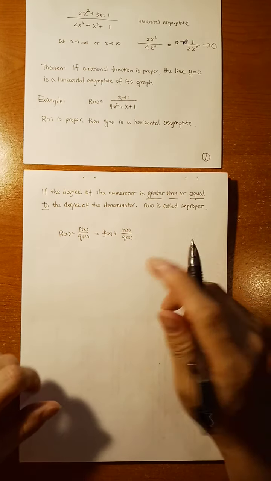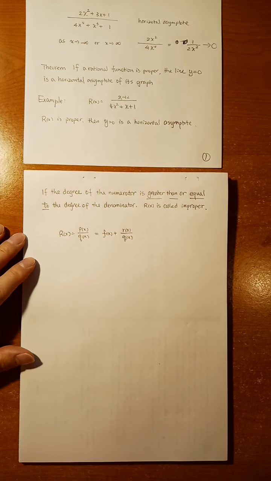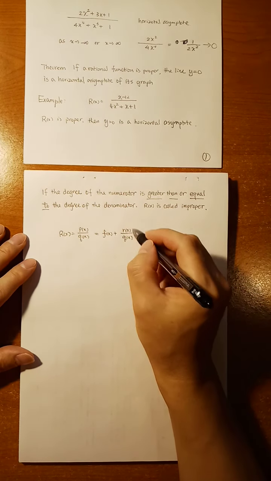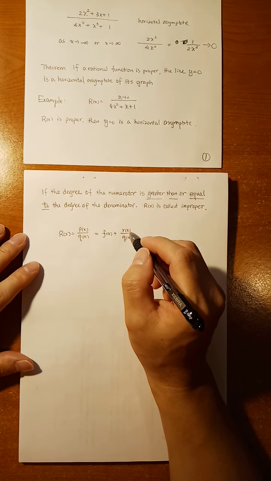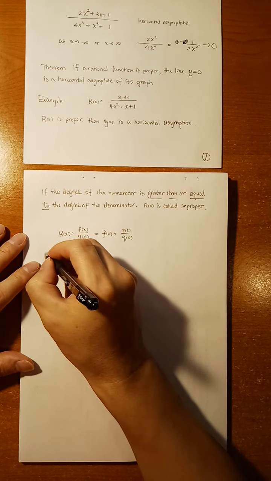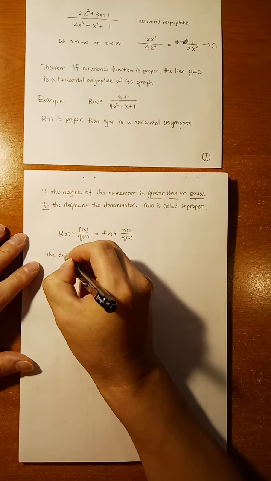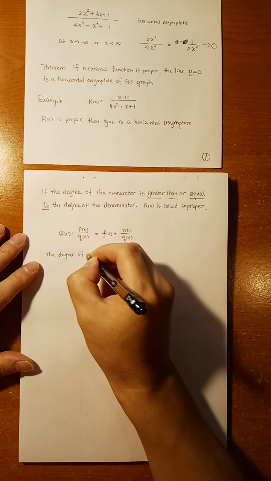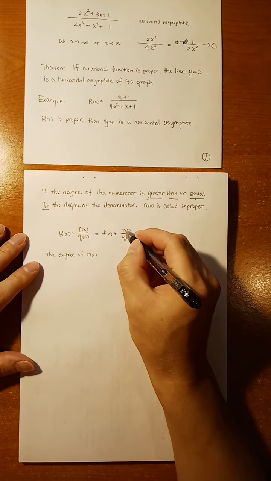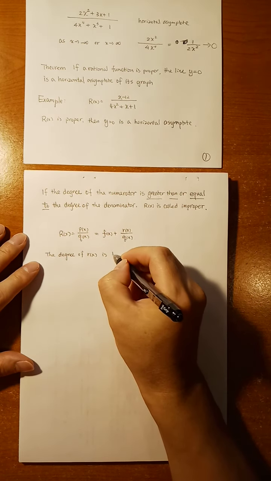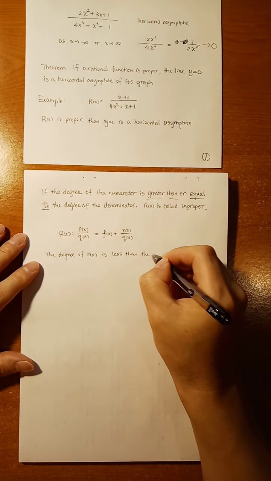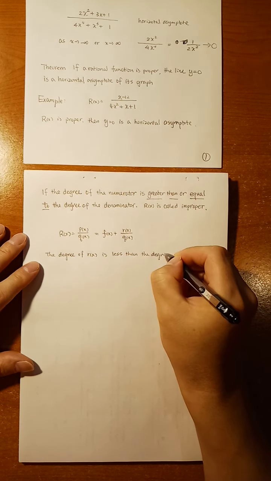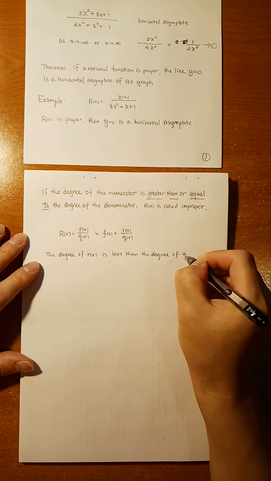After the long division, the degree of R of x, the numerator, is less than the degree of q of x.